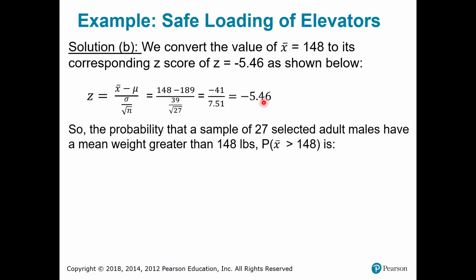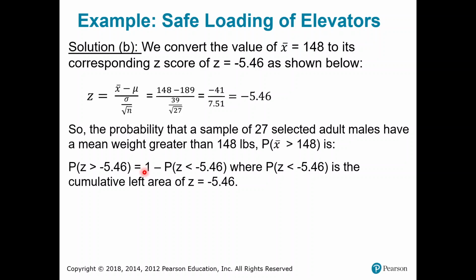So the probability that a sample of 27 adult males has a mean weight greater than 148 pounds, denoted by this notation, P of x bar bigger than 148, is P of z bigger than negative 5.46. Remember, this is the corresponding z-score that we just computed.